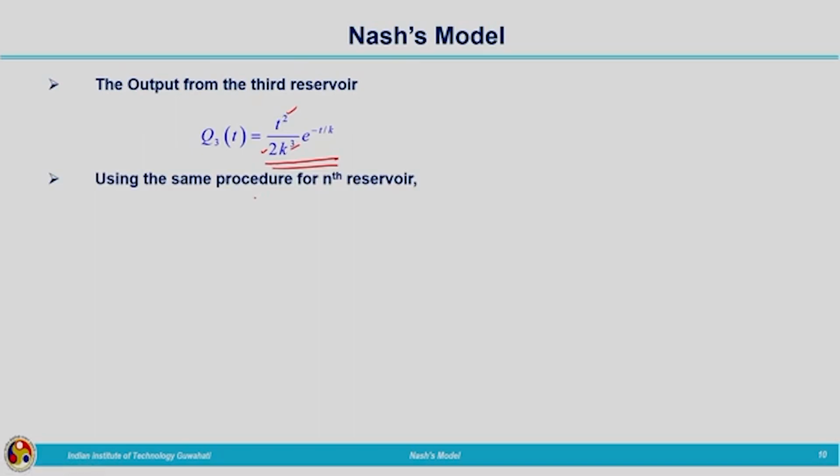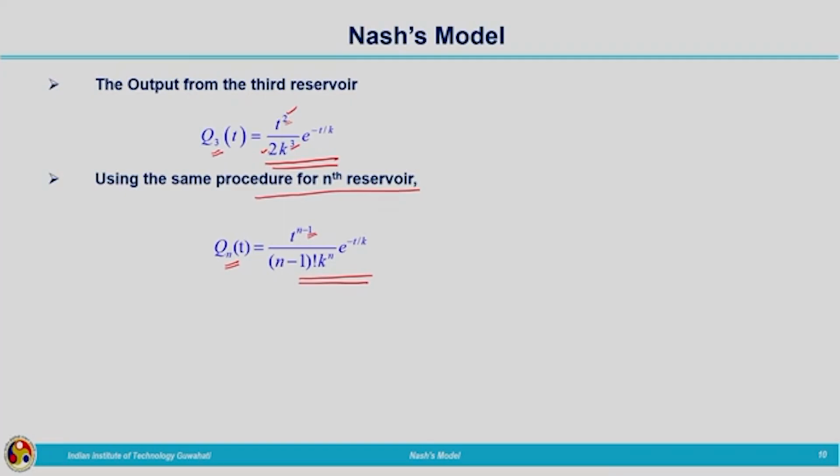So, using the same procedure, we will go up to the nth reservoir. We can write Qn(t) as t to the power of n minus 1 divided by (n minus 1) factorial k to the power of n e to the power of minus t by k. Compare these two equations for understanding more. Q3(t) is the output from the third reservoir. Here we are talking about the output from the nth reservoir, that is Qn(t). For the third reservoir the power of t is 2; here definitely it will be t to the power of n minus 1.